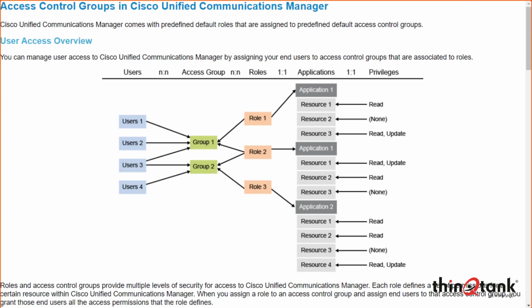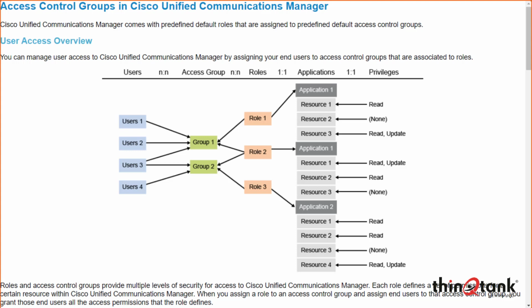Actually, Group number 2 in this case only has a role assignment of role 2 and 3. Group 1 has a role assignment of role 1 and role 2. Both role 1 and role 2 control different privileges to application number 1. Role 3 assigns different privileges to application number 2.